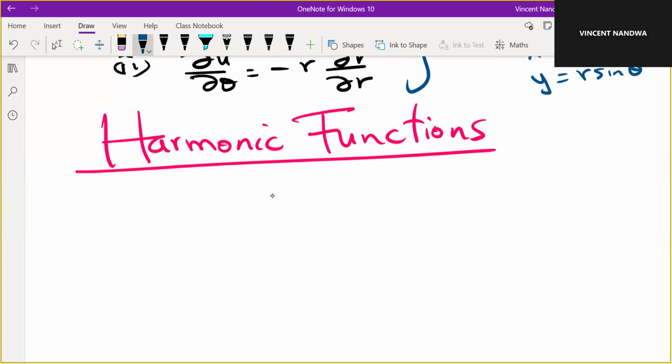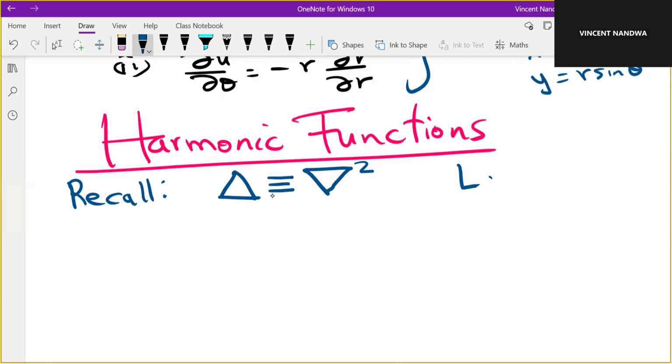So recall that we write this sign. This is called the Laplace operator.